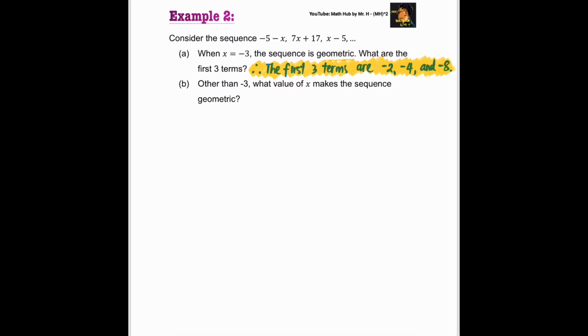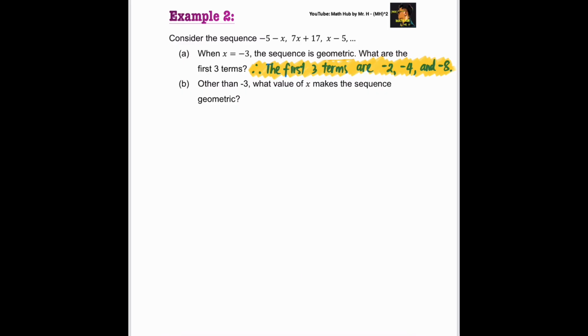So we know that to find the common ratio, we need to pick any term, right? But we need to divide that term by the number before that. So we're going to be using the original sequence given, where each term is represented by an algebraic expression.